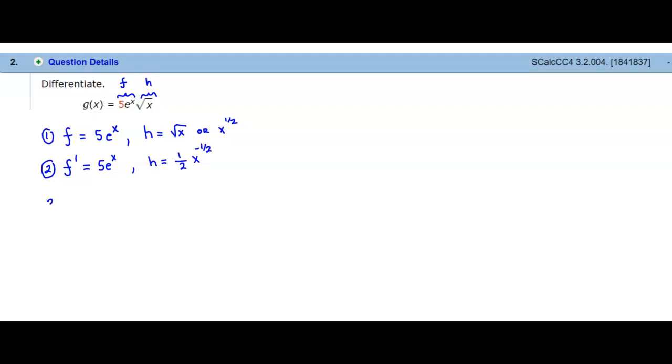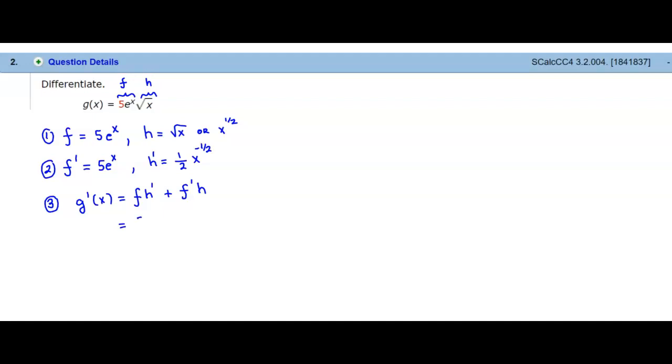Okay, so now we're going to use the product rule to find g prime. So to find g prime of x, it's going to be f times h prime plus f prime times h.